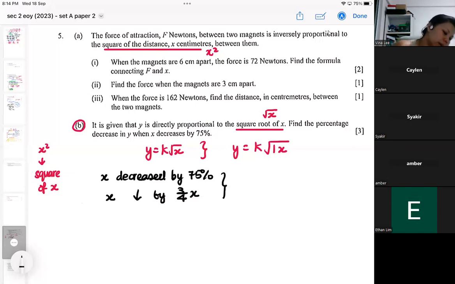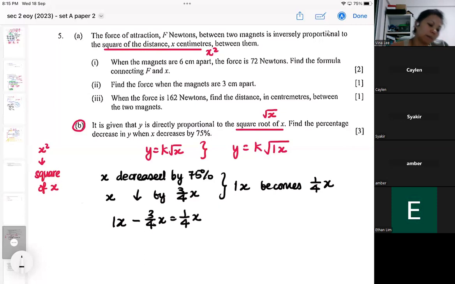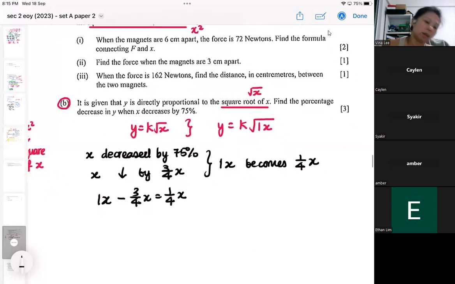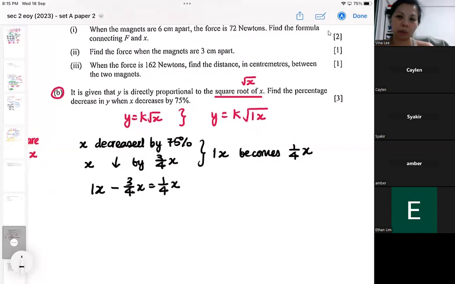So after this, 1x actually becomes 1/4 x. Because 1x minus 3/4 x, you will get 1/4 x. I think some of you stop at the 3/4 x and don't know how to continue.